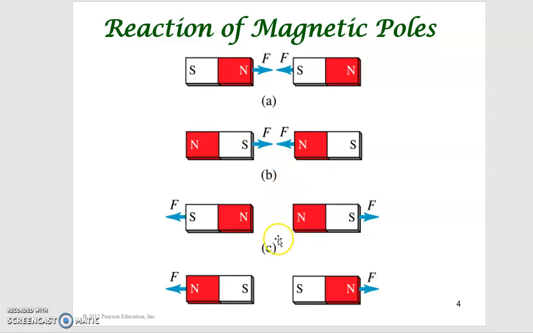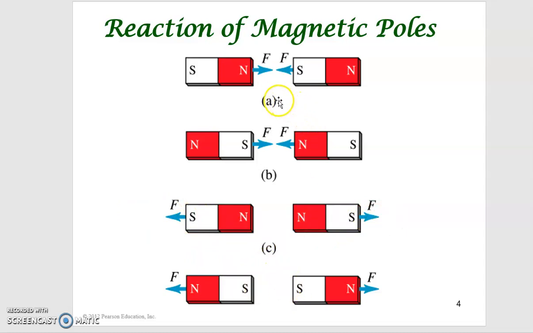In scenario C, if it is north and north near each other, the same poles do not like each other, so there will be a repulsive force on each other. And no matter whether this is north and north or south and south.